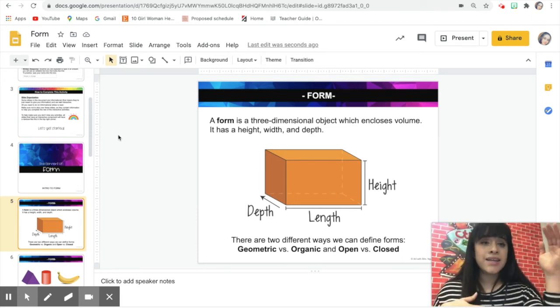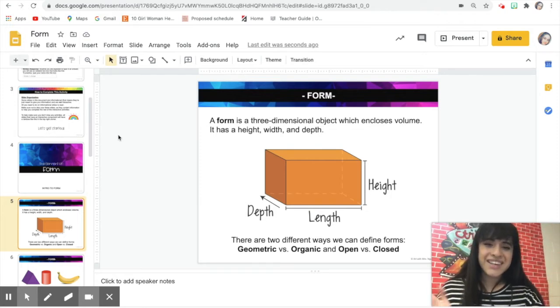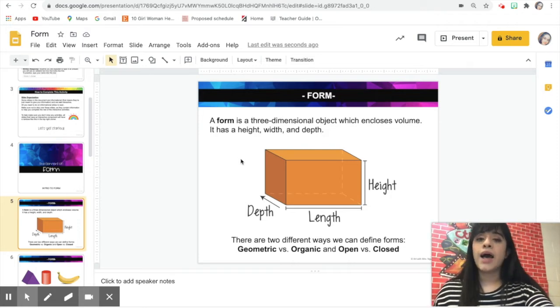It has height, width, and depth. So it's 3D. There are two different ways we can define forms: geometric versus organic, and open versus closed. Let's keep that in mind.